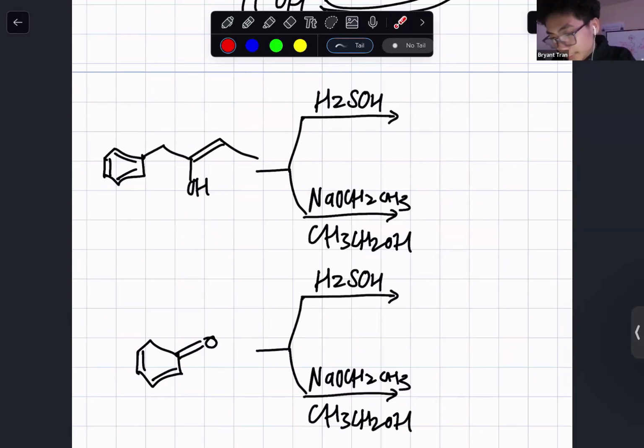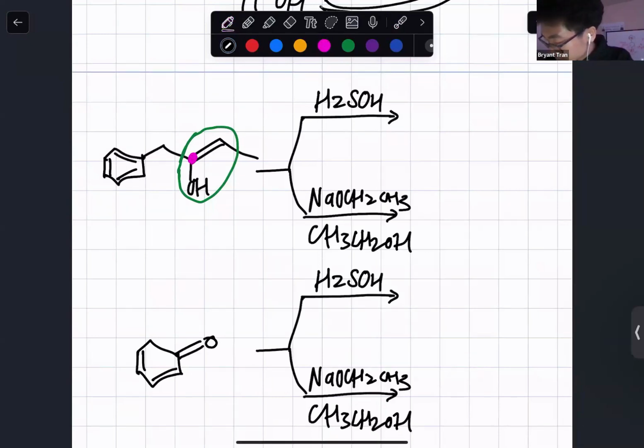So for the first one, we have this enol here, an alkene next to an alcohol, and we see that it could tautomerize into the carbonyl, right? But the carbonyl carbon is going to be that carbon there holding the alcohol.